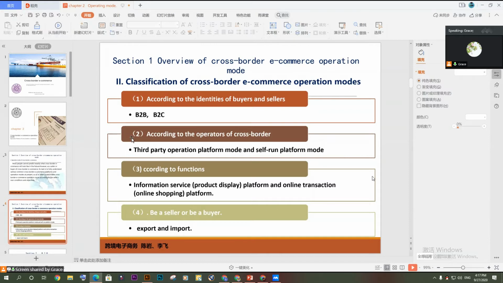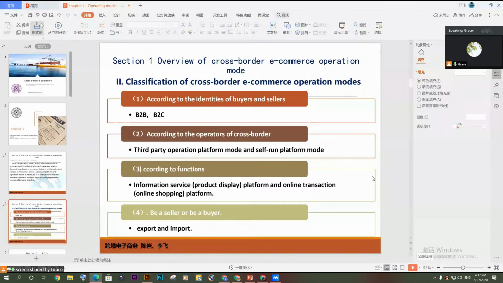Okay, let's go ahead to the second one. The second one is according to the operators of cross-border e-commerce. We just discussed the operation mode. For operation, we need somebody to operate.